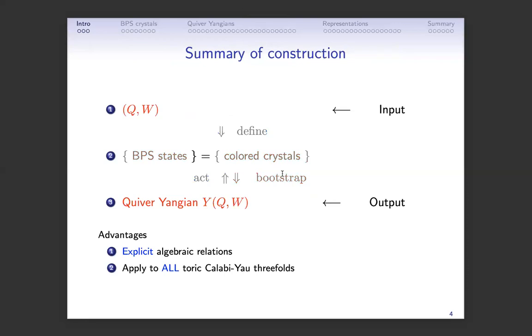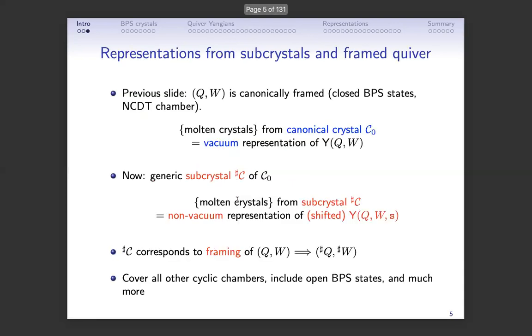Once you get this quiver Yangian, you can actually forget about the middle step. You can use the quiver and superpotential as the input, and then directly write down the quiver Yangian. So it's basically just one page. In the previous slides, this quiver and superpotential pair is so-called canonically framed.